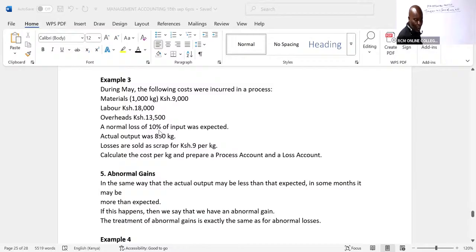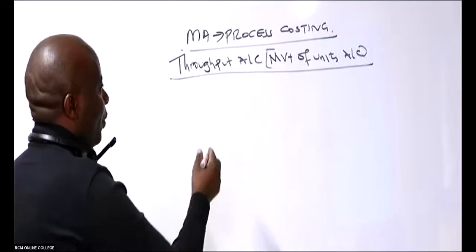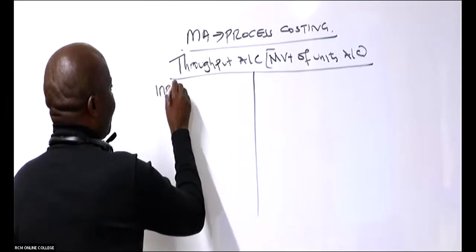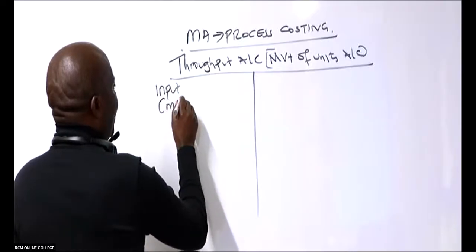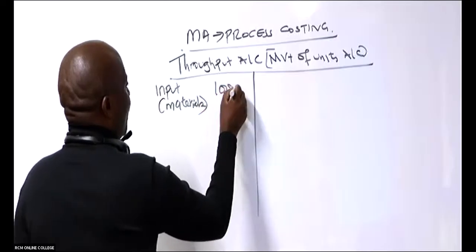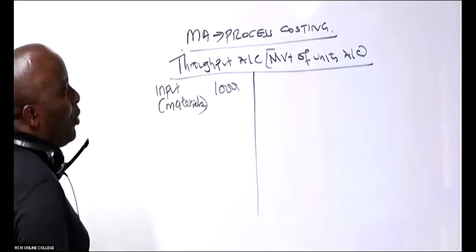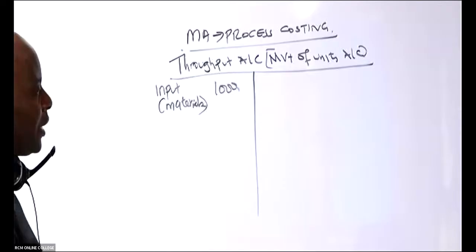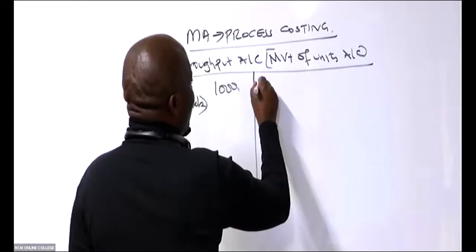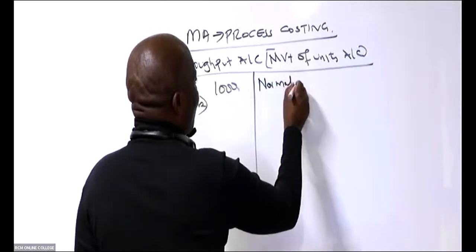And this is how it shall look. It's just a normal T account. So we have input in the form of materials, 1,000 kilograms being put in. And then, ladies and gentlemen, we have our normal loss. So what is our normal loss percentage?